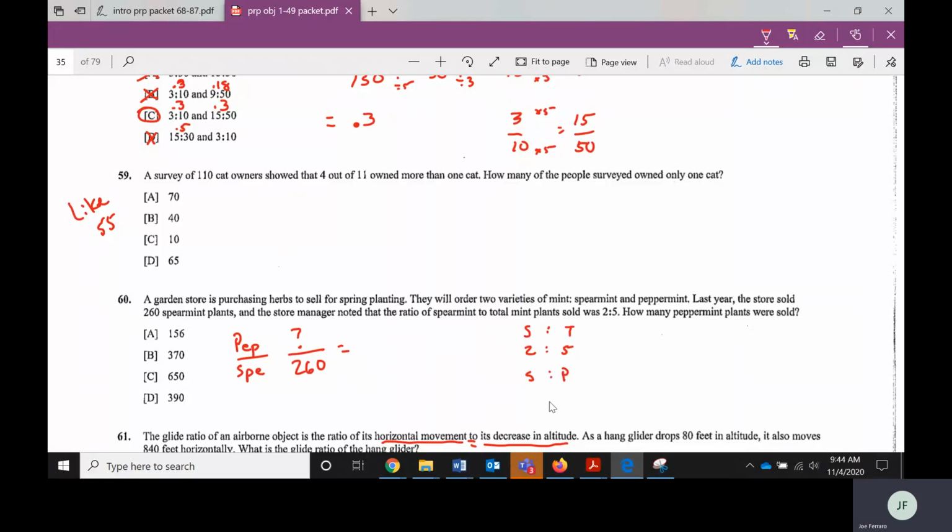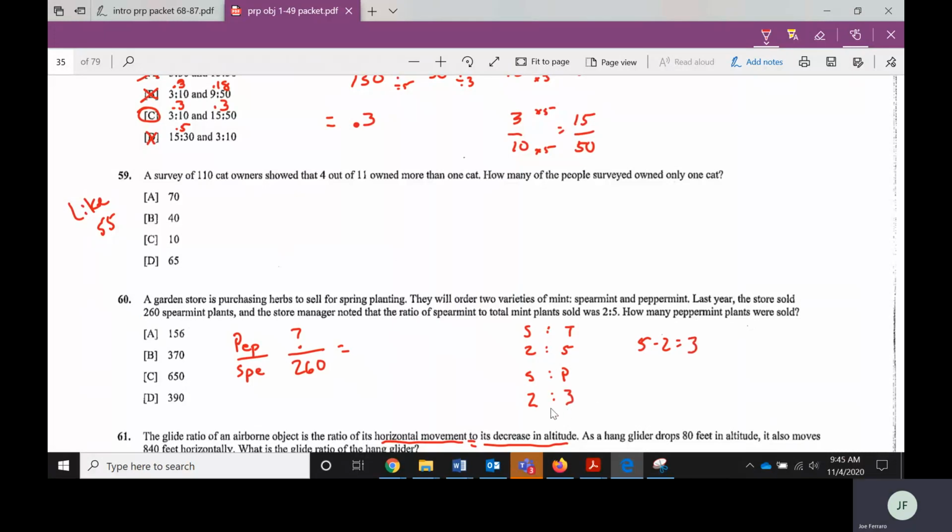But the other one we need to know is the peppermint. So spearmint stays 2. Now, if spearmint's 2 and we have 5 total, we need to know how many were peppermint. Well, 2 plus what equals 5? Or you can say, well, we had 5 total, we take out the 2 spearmint, that leaves us 3 for peppermint.